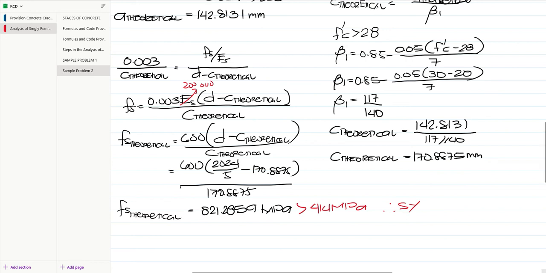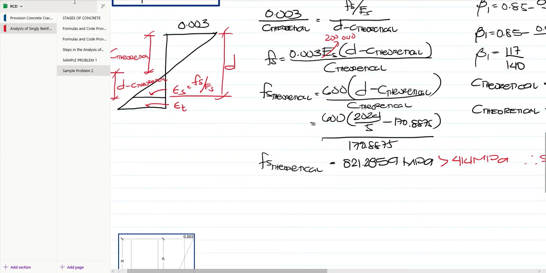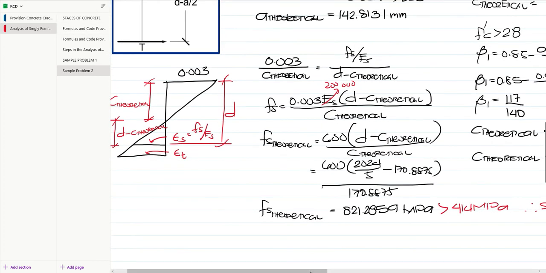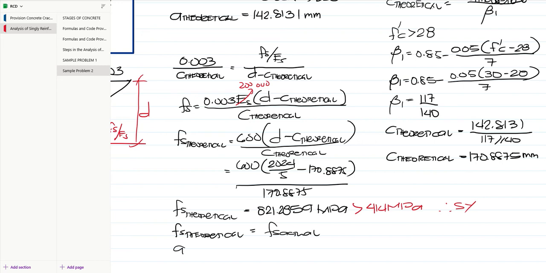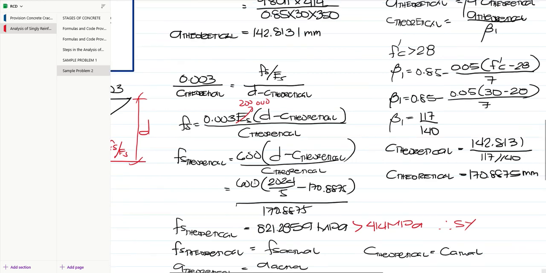So, ibig sabihin, we can say na etong Fs theoretical natin na to is equivalent to our Fs actual, and yung A theoretical natin is also now equivalent to our A actual, and yung C theoretical natin is now equal to C actual.